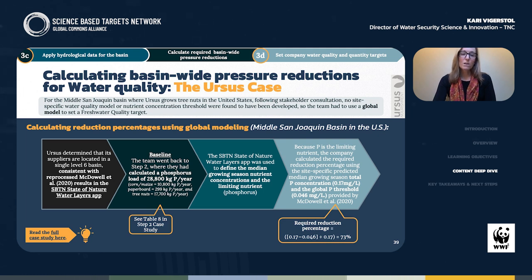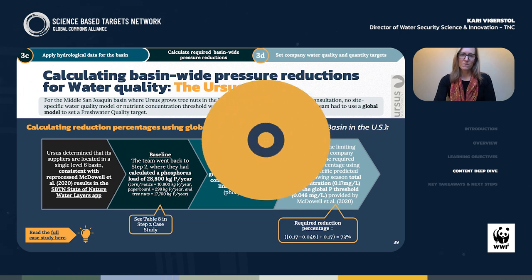As a result, the required reduction percentage calculated is 73%, and this was calculated by subtracting 0.046 from 0.17 and dividing that by 0.17.